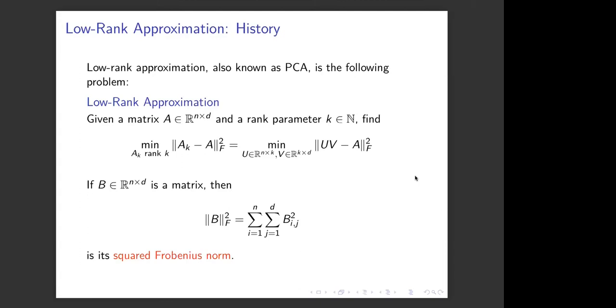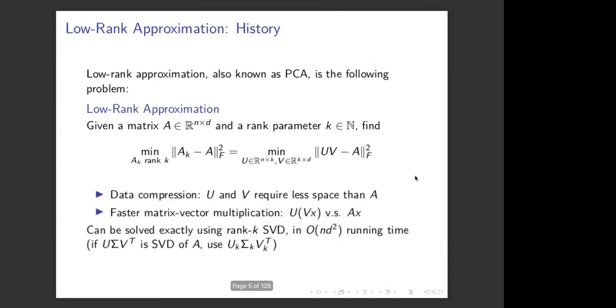So one of the key motivations for this problem is that it gives data compression. If you have an n by d matrix A, then it requires nd entries. But if you factorize it as a rank k matrix, then that rank k matrix can be written as an n by k matrix multiplied by a k by d matrix.